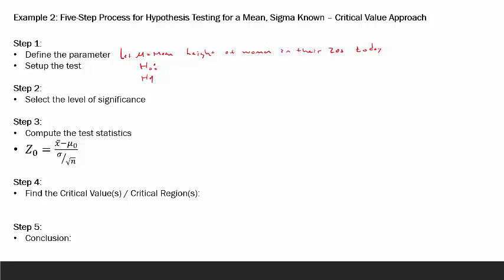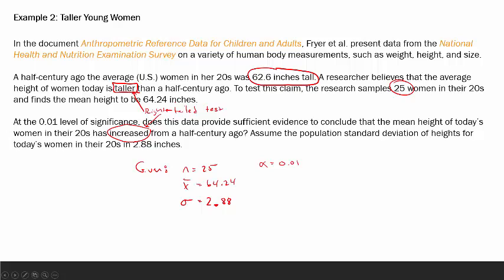So we're going to set up the test. It was mu is equal to something, and we're looking to say that it's increased. So mu is greater than something. What are we going to have to assume the height is? Okay, so what was it half a century ago? It was 62.6 inches tall.